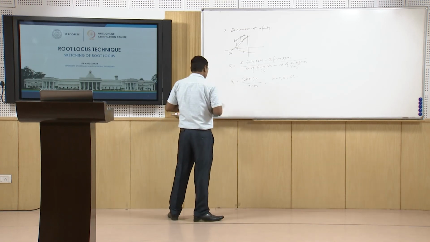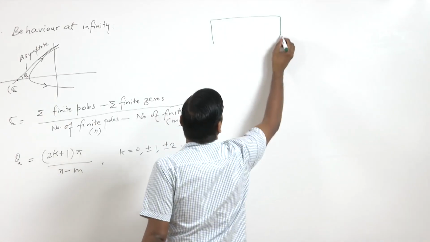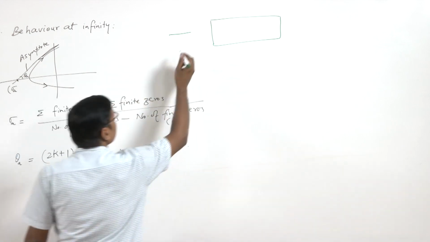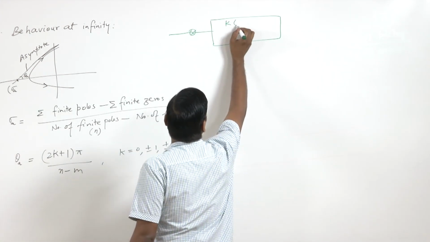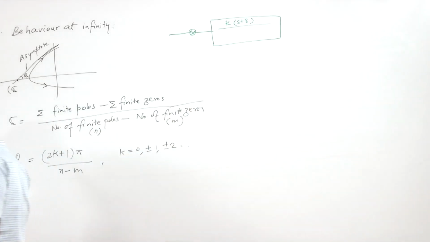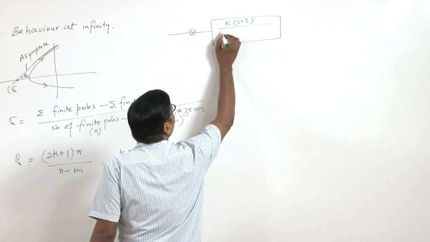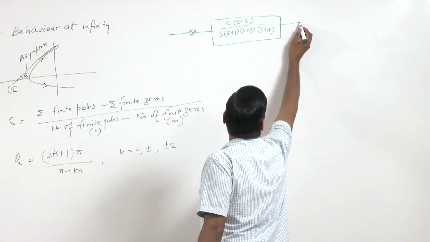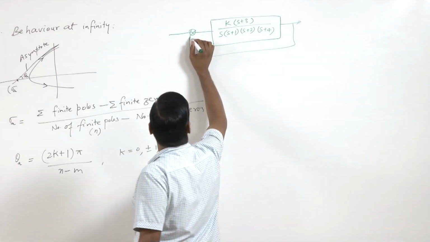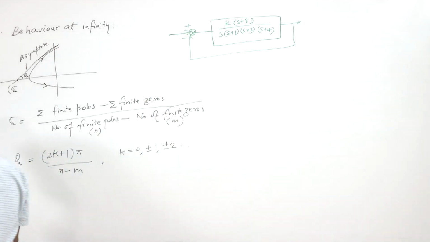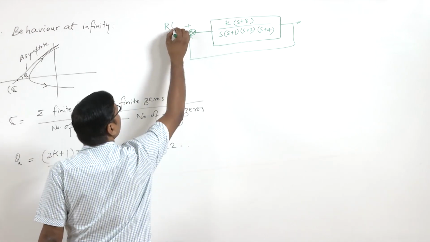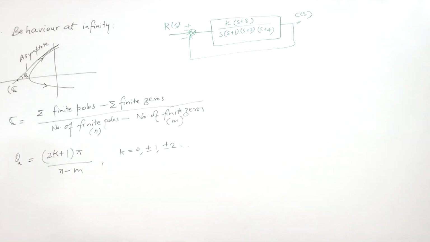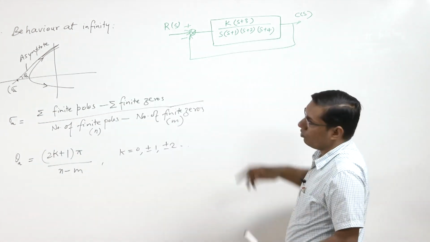So if we have some example here, let's take one example. We see that there are 1, 2, 3, 4 finite poles.